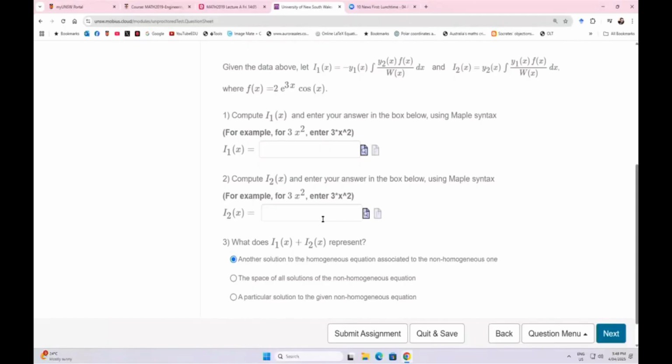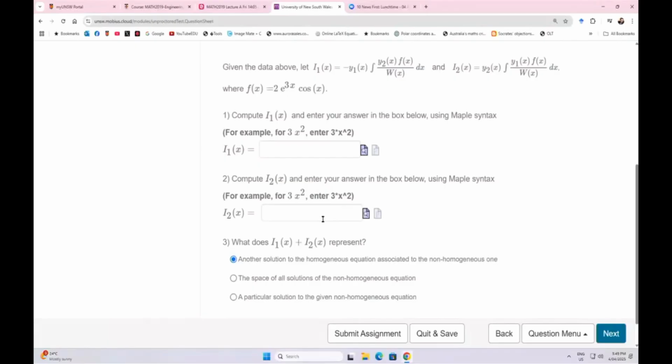Okay, I've clicked one of them, but I don't know if it's right or not. What does I1 plus I2 represent? Okay, let's take a vote. Who thinks it's number 1?